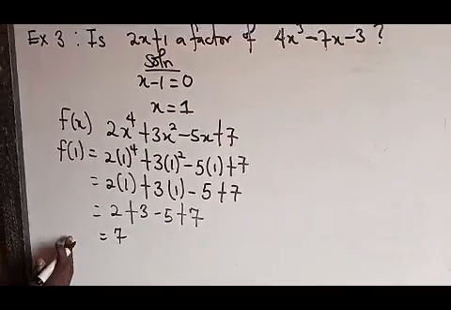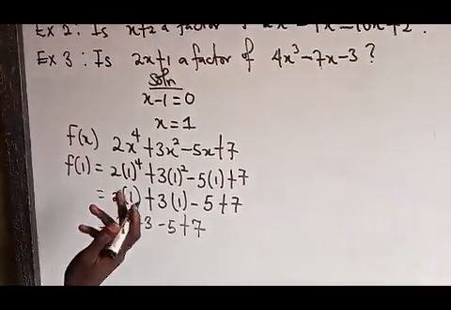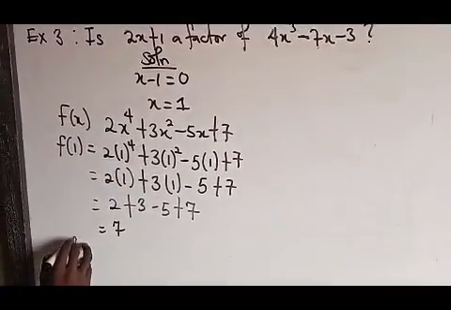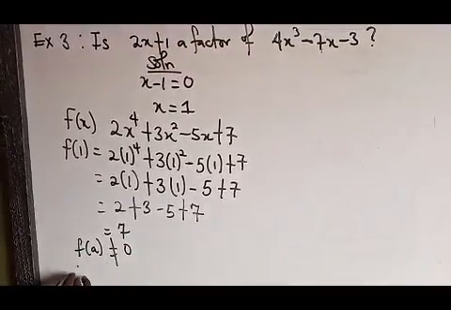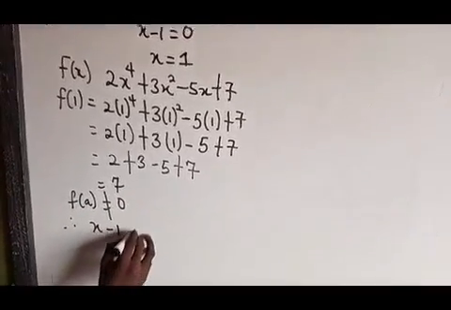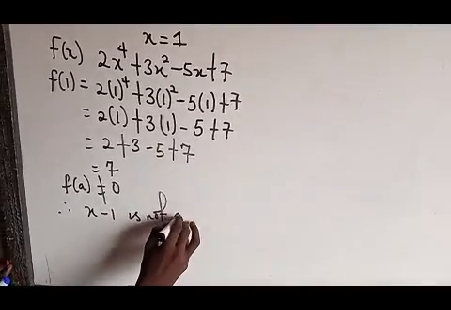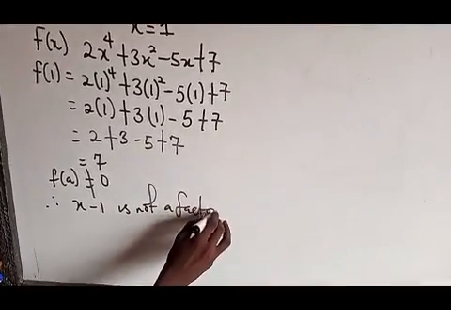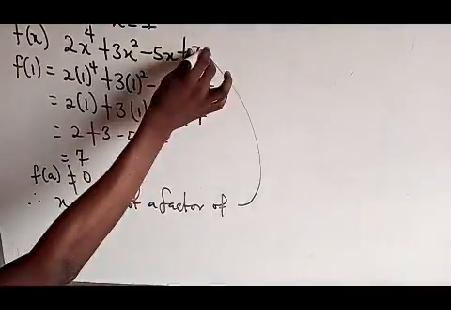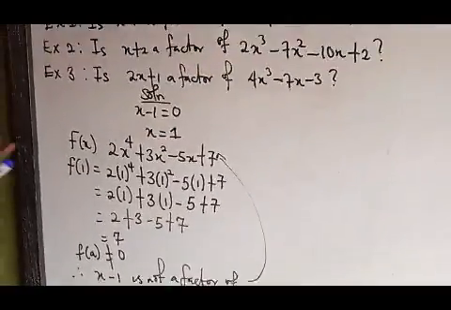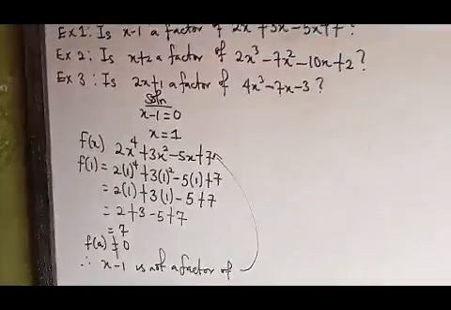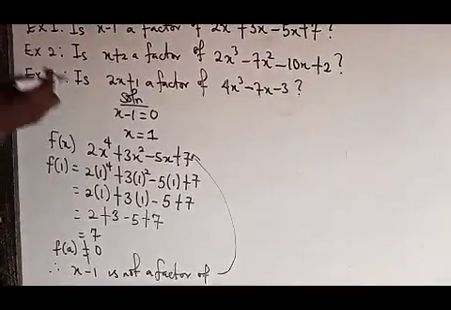Now, is our f of 1 equal to 0? Our f of a is not equal to 0. Therefore, x minus 1 is not a factor of our question. The only reason why it will be a factor is when it is equal to 0.